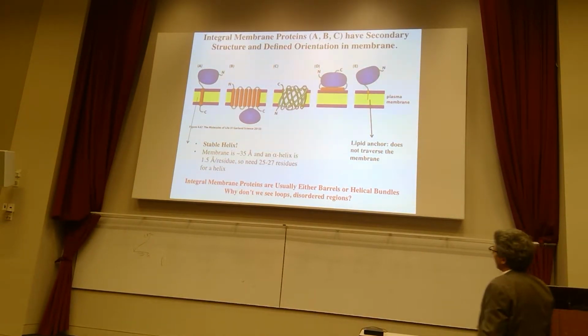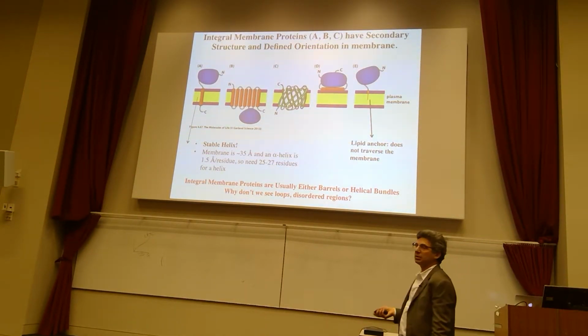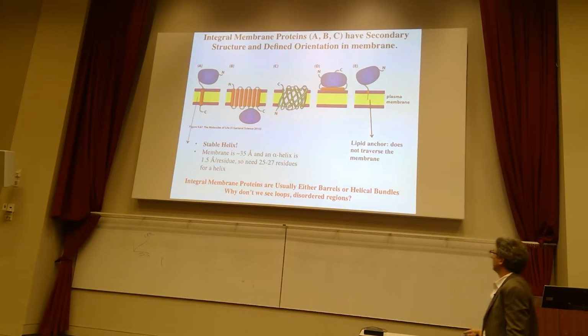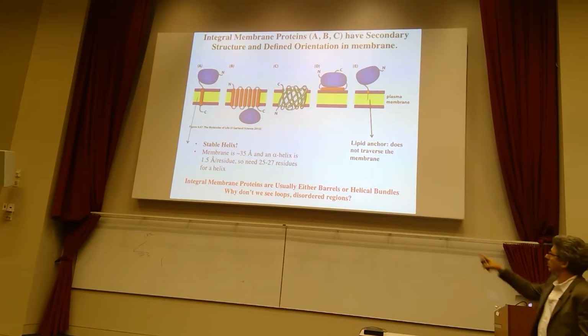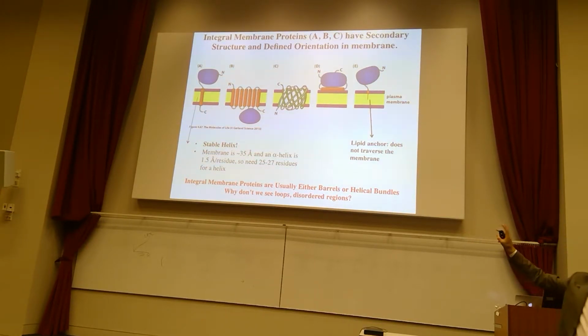Okay, so on the left here, three examples of integral membrane proteins. On the right, there's a peripheral membrane protein and a lipid anchored protein. And you can see in each of these cases, in these schematics, that the portion of the protein chain that's in the membrane has a stable, defined conformation.